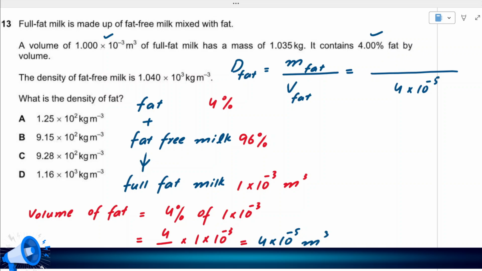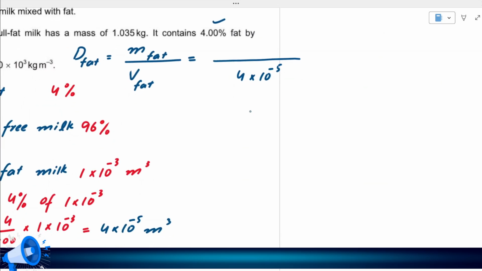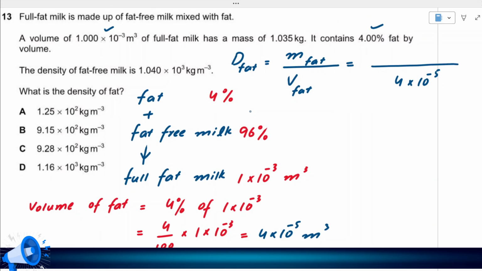Now, what is the mass of the fat? We don't know the mass of the fat. This is a thing that needs to be found out. So once again, we have three things. We have fat, then we combine fat with fat-free milk, and the final product that we get is full fat milk. And what is the mass of this final product?